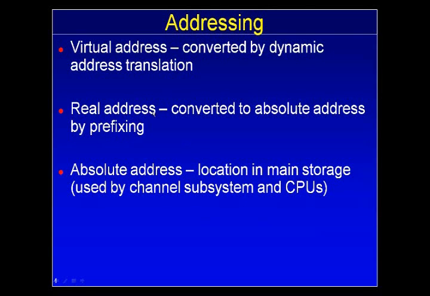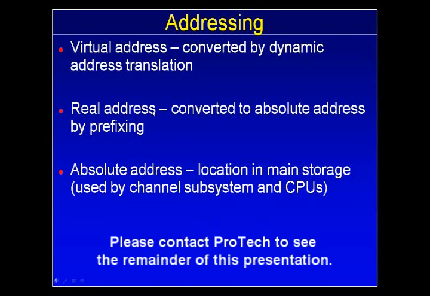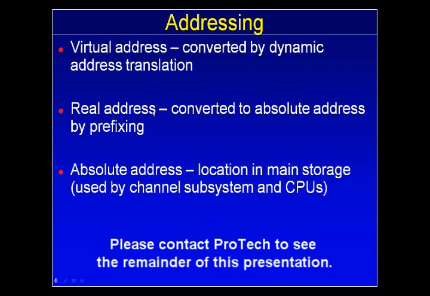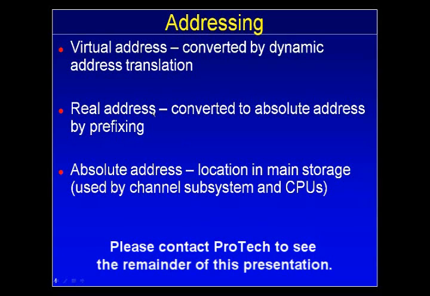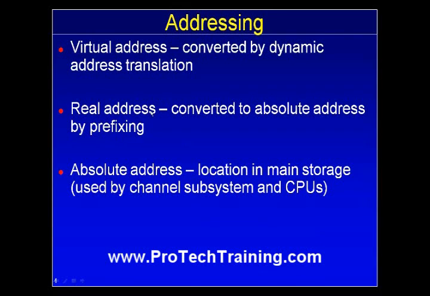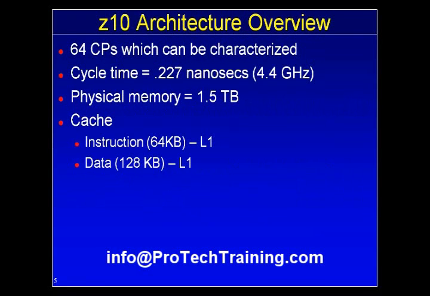And then the absolute address is the physical location in memory, which is used by the processors and the channel subsystem itself. So conceptually, those are the 3 types of addresses that we're dealing with. And when we look at this, we want to put it into the general context of the z10 architecture.